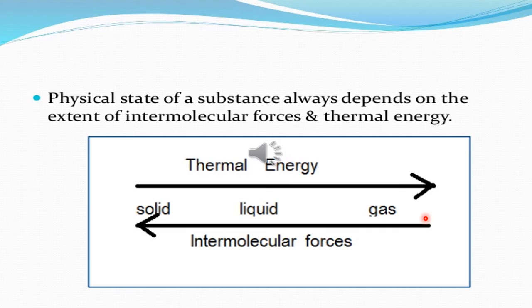In the gas, intermolecular force is very less, therefore the particles are free to move. In the liquid it is moderate, whereas in the solid the intermolecular force is very strong, so the particles are very closely packed. So a compact structure is there. Thermal energy and intermolecular forces go in the reverse direction.